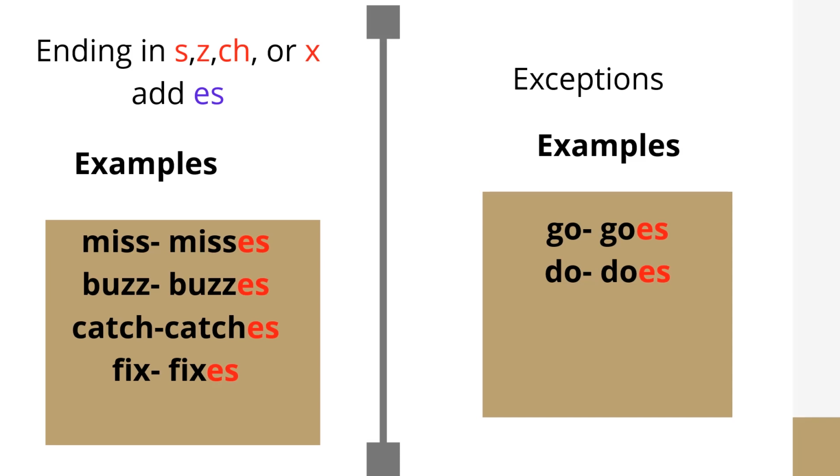Example, miss, misses. Buzz, buzzes. Catch, catches. Fix, fixes. And there are some exceptions to the rules, of course, like go, goes, do, does.